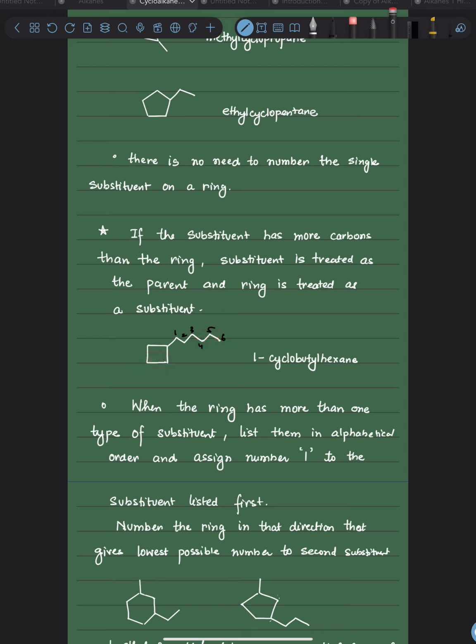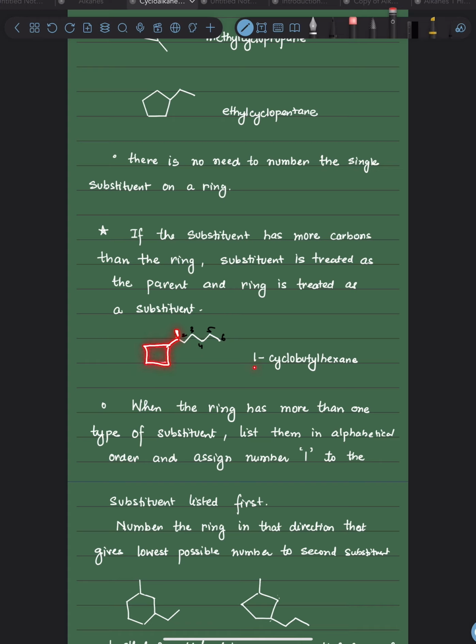So here in this case, this is cyclobutane, but the chain attached to the side has 6 carbons, so that would be treated as the parent. When you have 6 carbons, what name do you give? You say hexane, okay? And at the first carbon of hexane, you have the cyclobutane.